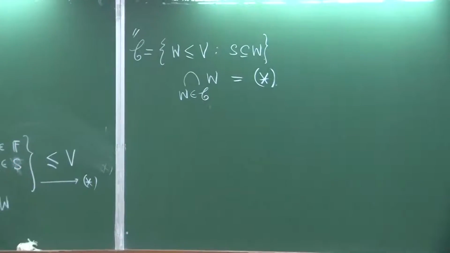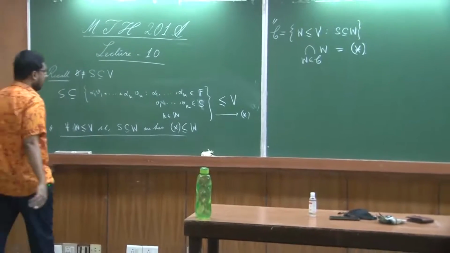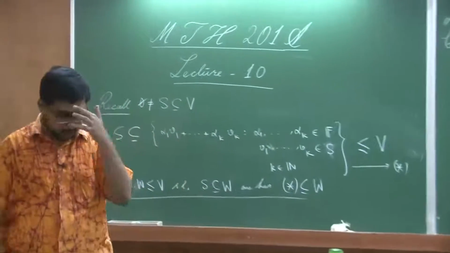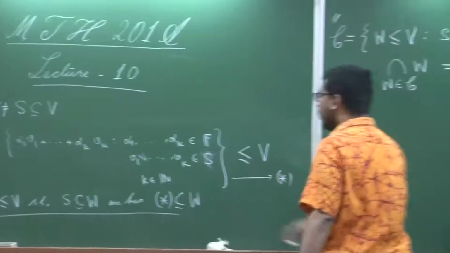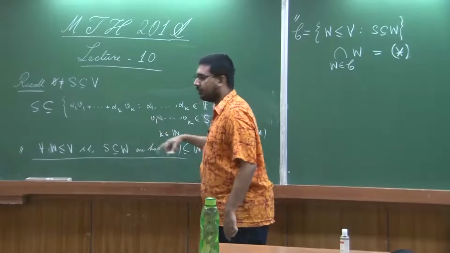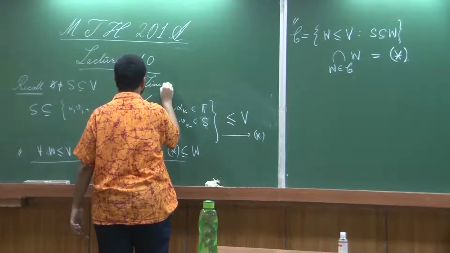So, actually we have the description of this in three ways. Now we assign a notation for that. Given any S, this subspace is called the linear span of S.